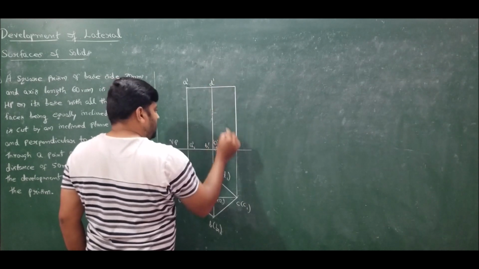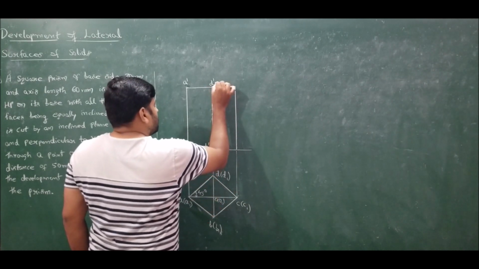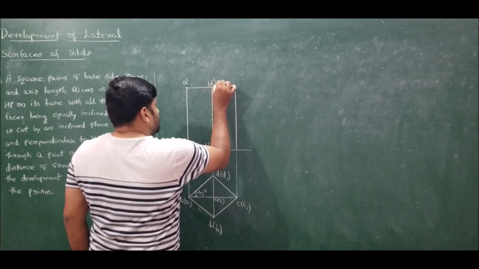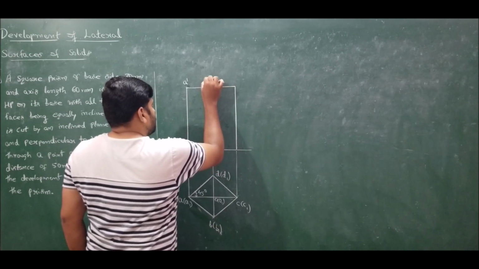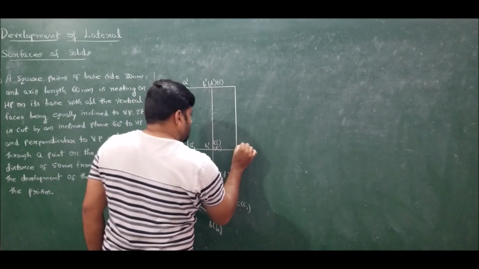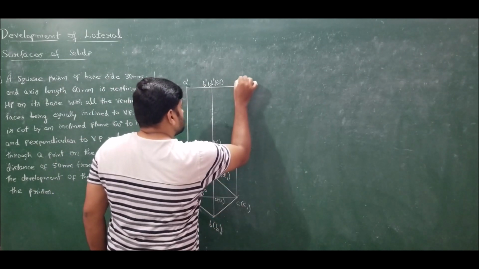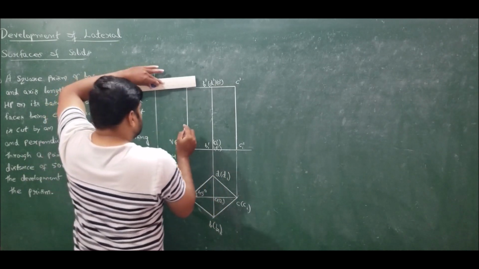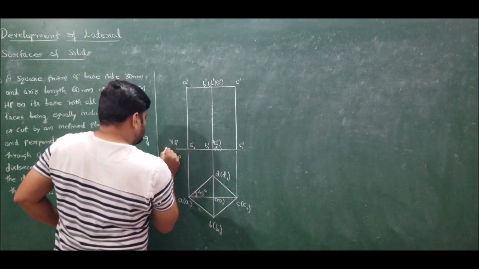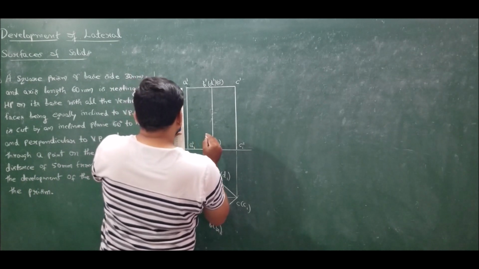Here I will get D dash, which is invisible, O dash, which is invisible, and B dash, which is visible. Here I will have C1 dash, C dash. Now the height of the prism is specified. The height of the prism is given as 60 mm.